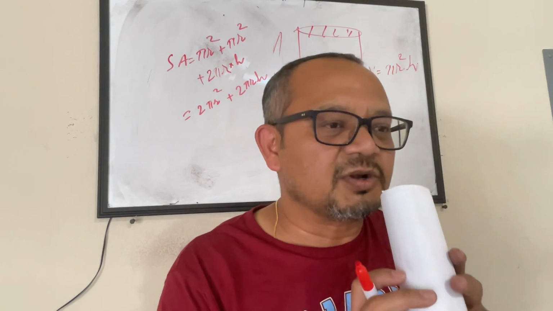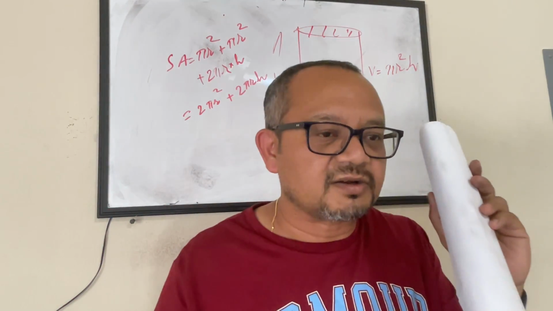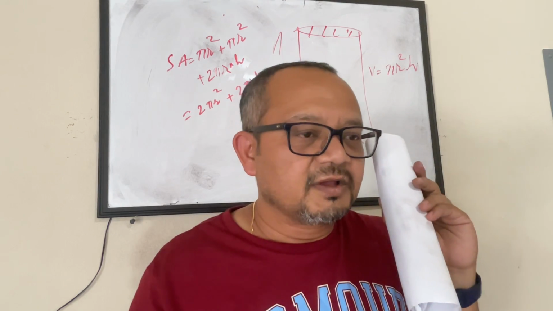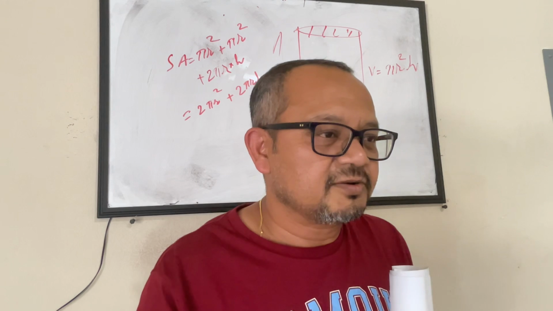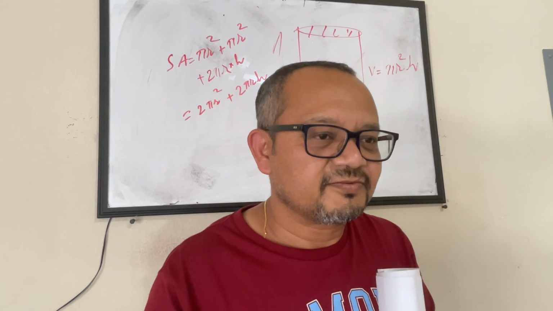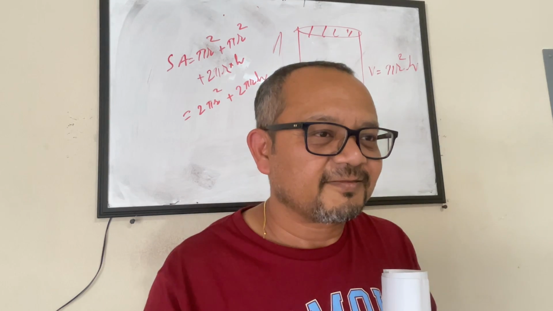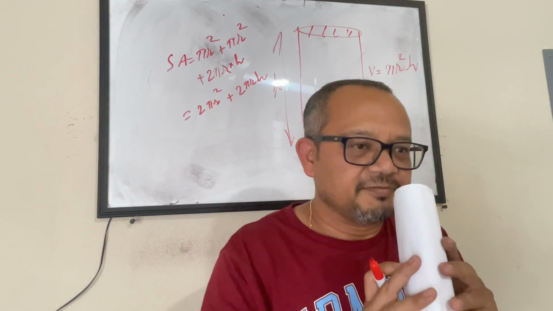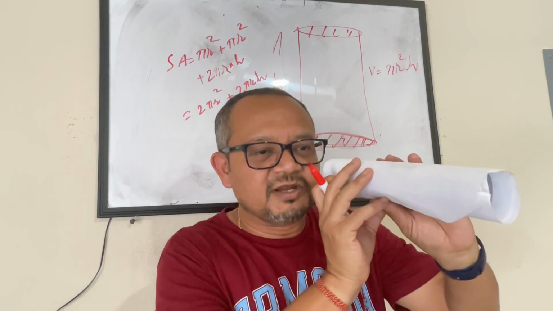Anybody who was not able to relate to what I did just now to find out the surface area of a cylinder? Heer, Savya, Arya, Atharv, Neil, Sarah. I understand it. You understood? Understood, sir.